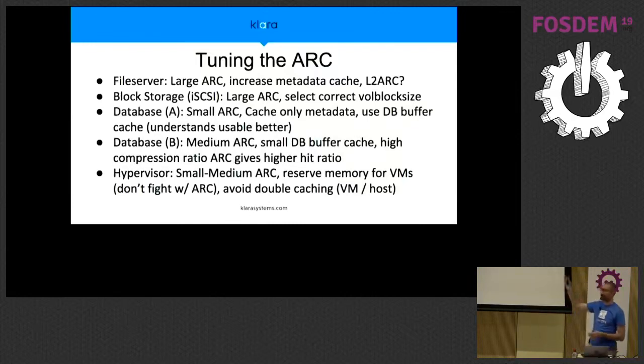And with the compression, the metadata compresses extremely well, and you'll see compression ratios of 3 or 4 to 1. And so you can fit a lot of metadata in not that much memory.